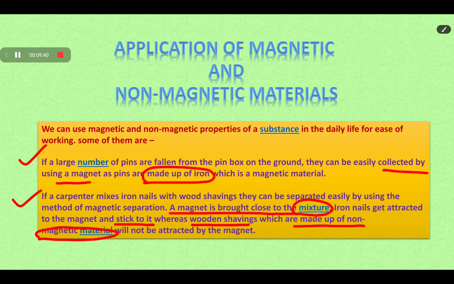So in this way, by using the method of magnetic separation, the mixture of iron powder and sawdust powder can be separated by using the property of magnet. So these are some applications of magnetic and non-magnetic materials.